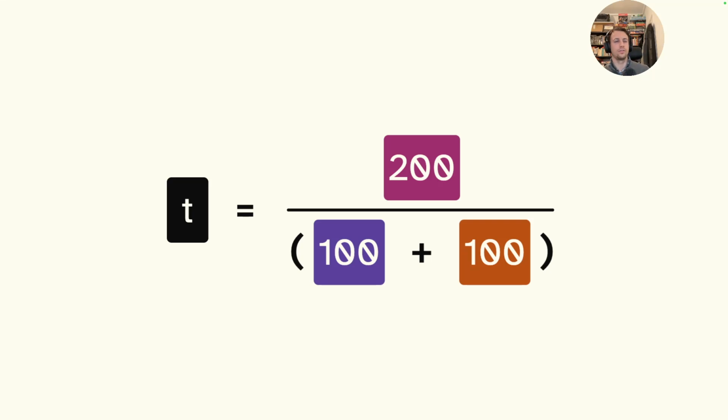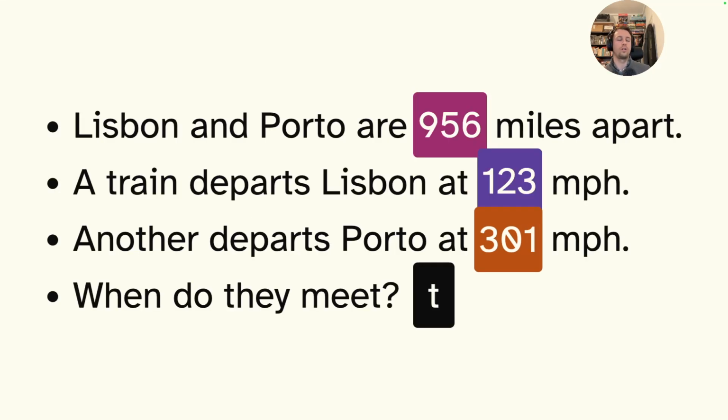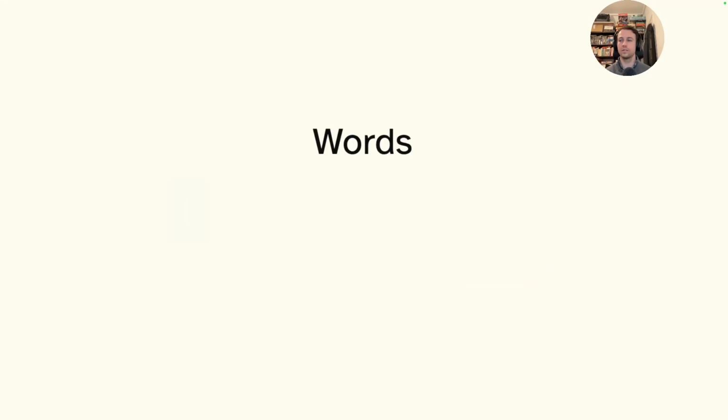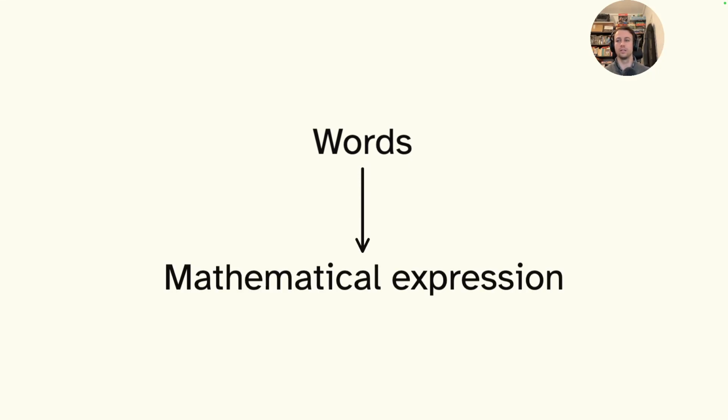Now this is a lot of overhead for such a simple instance, but what this shows you is the overall method. If you have different numbers, you just plug them into the same expression and you get the results. What we did here was take the problem statement, spelled out with words, and translate it into a mathematical expression.